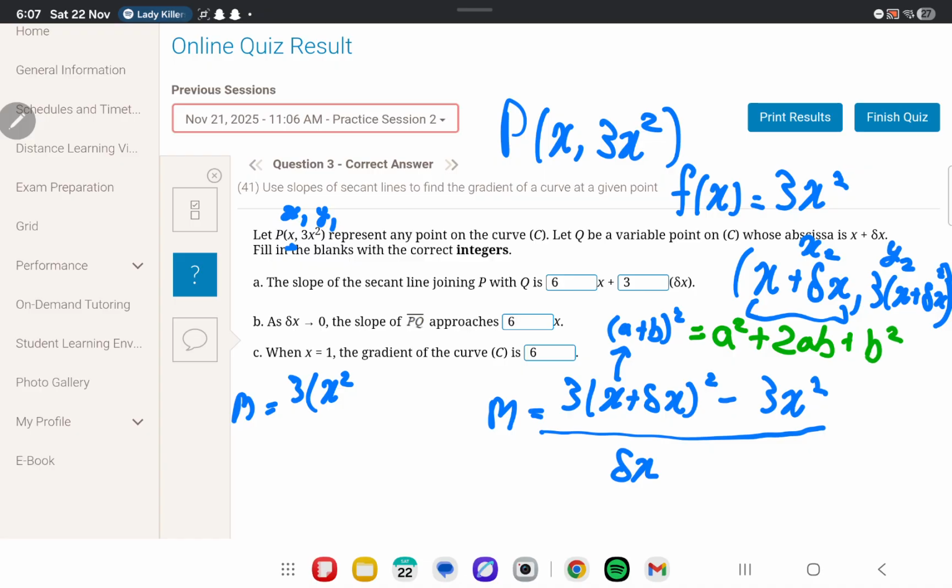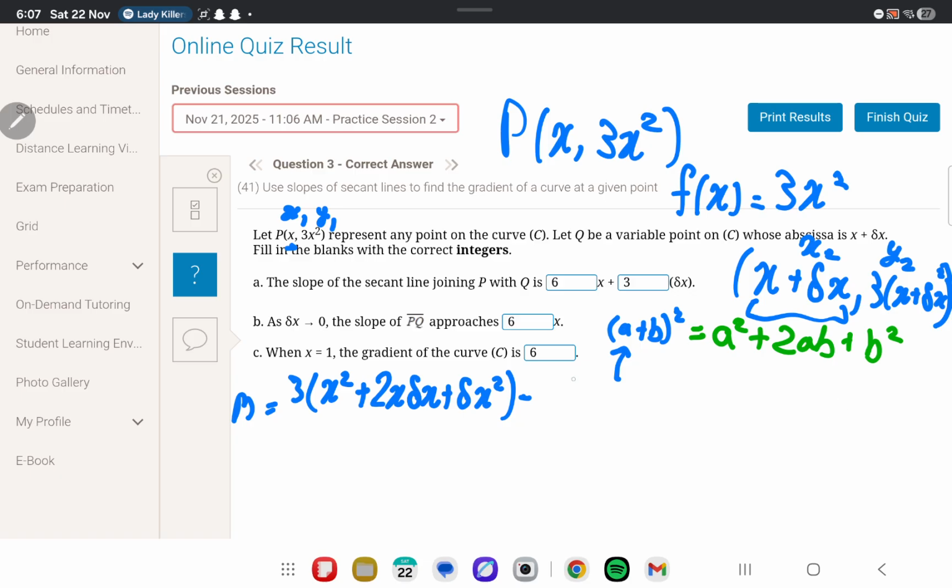Okay, so we're gonna apply this. Now, x squared plus 2ab, so 2x delta x, plus delta x squared, minus 3x squared, all over delta x.